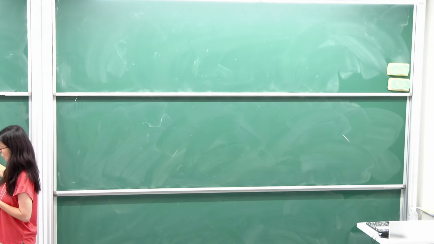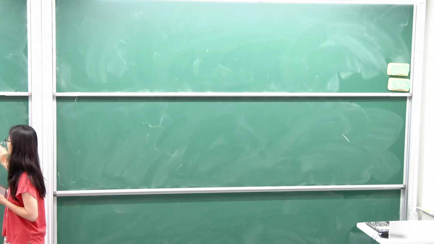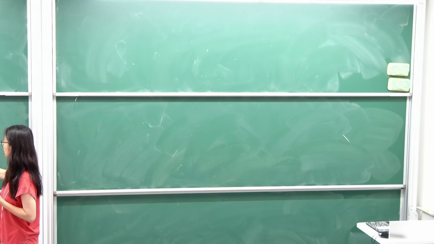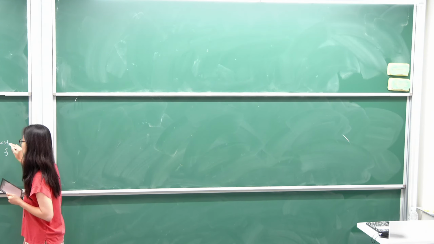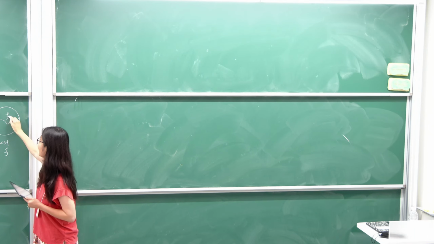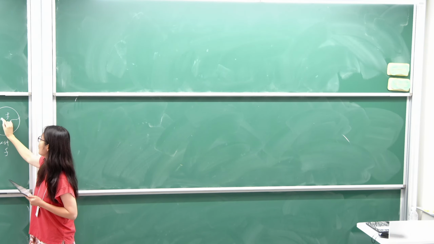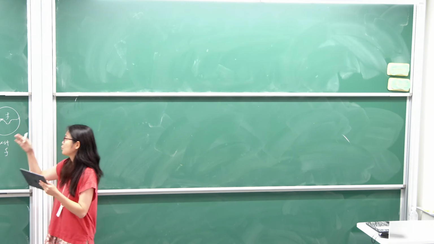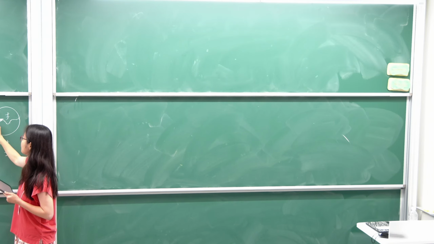This is the size of a largest minimal element of F. Pictorially, if F looks like this, then we consider all of the minimal elements, and we choose the maximum size among all of the minimal elements. So the size of this element is L of F.